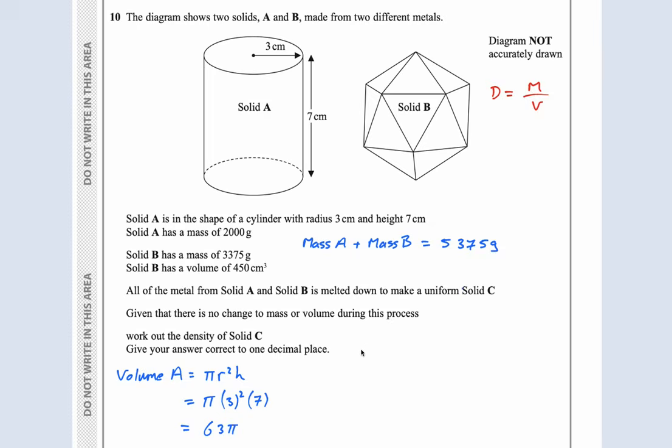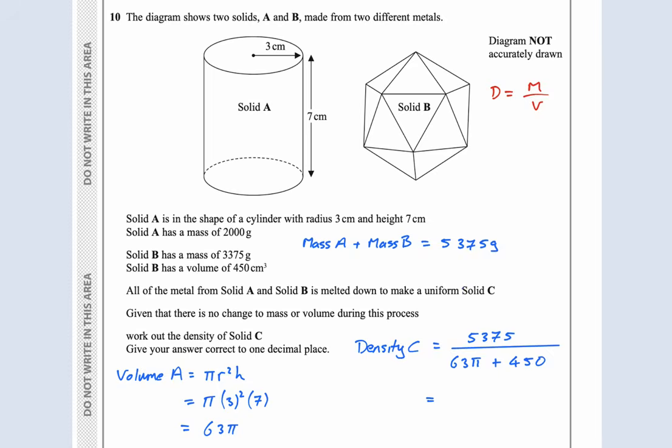So the density of C is equal to the total mass, which is 5,375, over the total volume. And the total volume, guys, is the volume of A, which is 63 pi, plus the volume of B, which is 450.